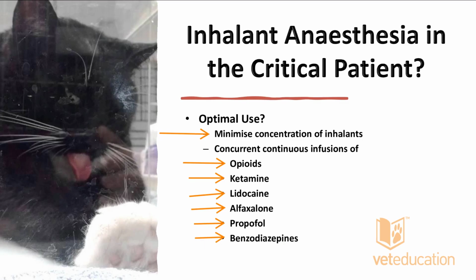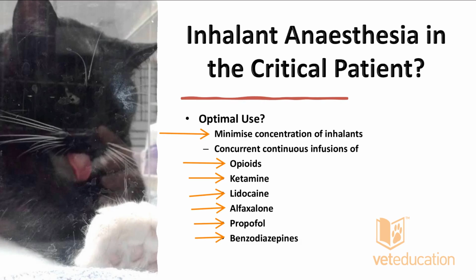Now, benzodiazepines have fairly minimal effects on the cardiovascular system, minimal changes in heart rate, minimal changes in blood pressure. Their biggest disadvantage is that they're metabolized in the liver quite extensively. So if you've got a patient with liver disease, then you need to be mindful. Having said that, your opioids, ketamine, lignocaine, alfaxalone, and propofol are all metabolized in the liver.